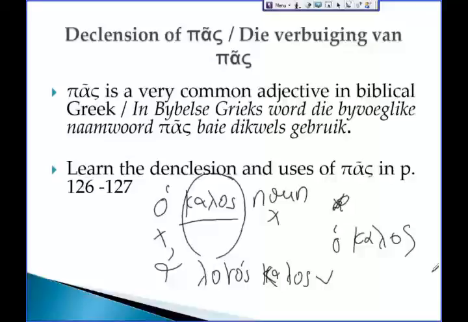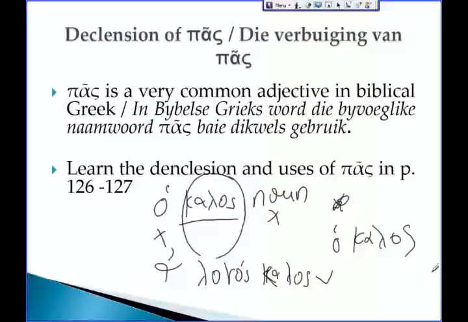Second example, read that sentence. The Greek word. Yes. Elalesamen pros tous mathetas pantas. Okay? Look at pros tous mathetas pantas, standing outside the article and the noun.